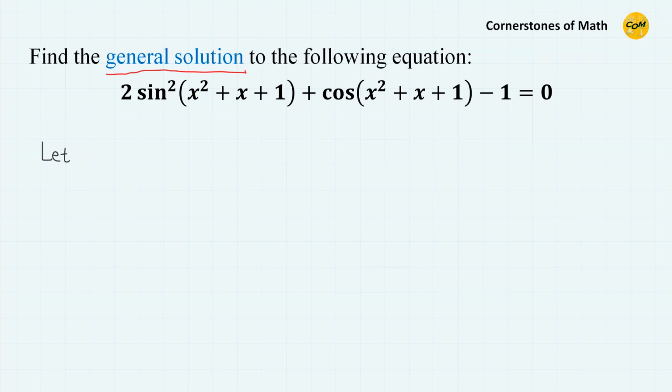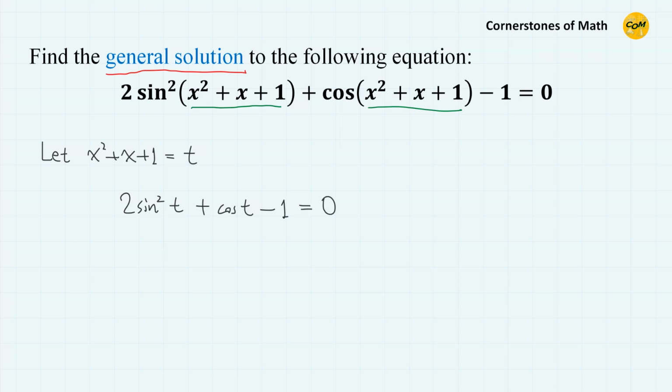The first obvious thing to do is to notice that we have the common part x squared plus x plus 1 here and here. So we can make a substitution x squared plus x plus 1 equals t. Then the equation becomes 2 sine squared t plus cosine t minus 1 equals 0. And this 2 sine squared t can be written as 2 minus 2 cosine squared t. So this plus cosine t minus 1 equals 0.